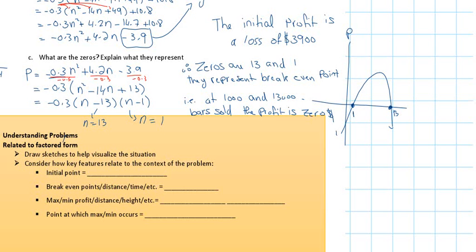Basically we found our initial, right? We found when the company starts making 0 money, right? When it breaks even, then the company is going to make more money as it sells more chocolate until it reaches a maximum profit, and then after that, the company is going to start losing money if it sells more than that.